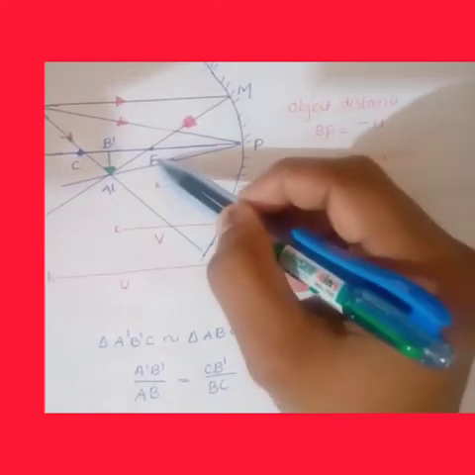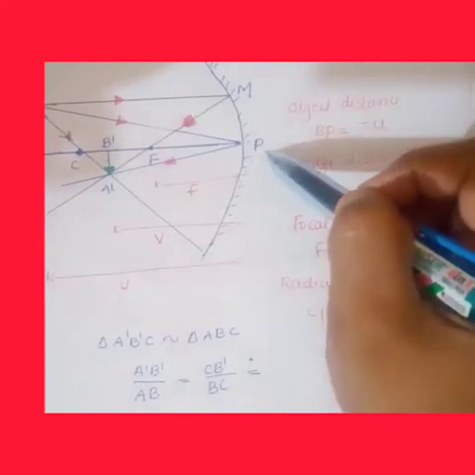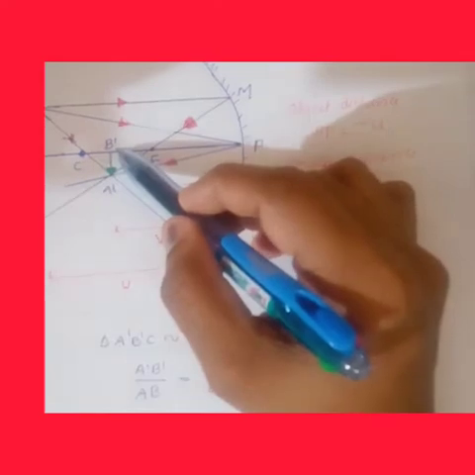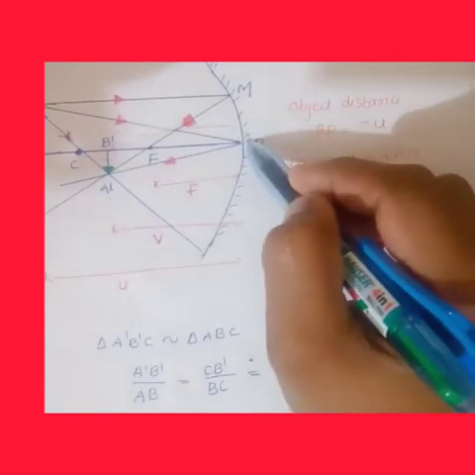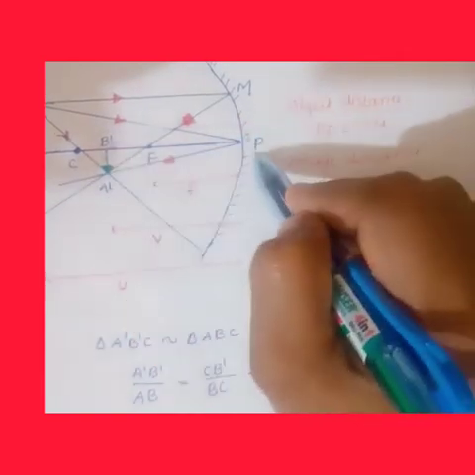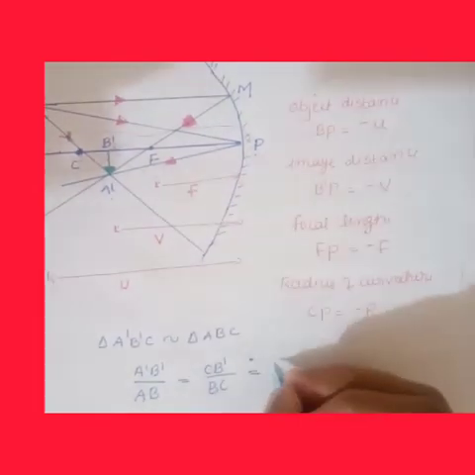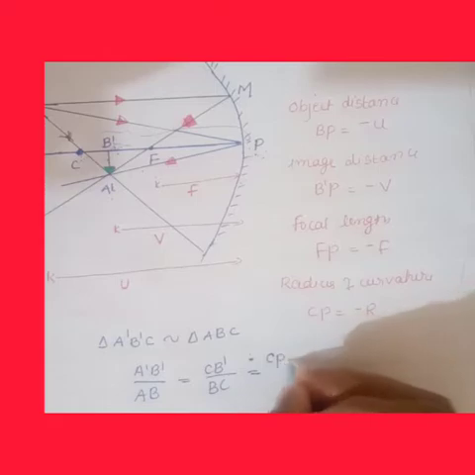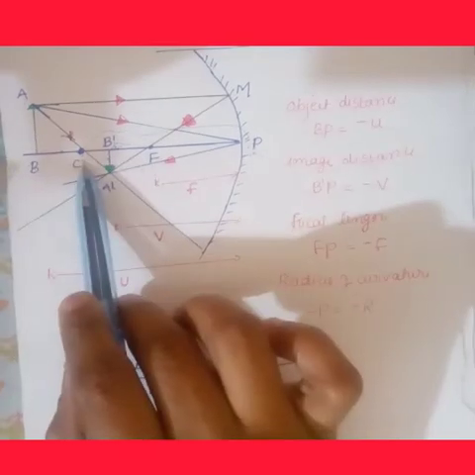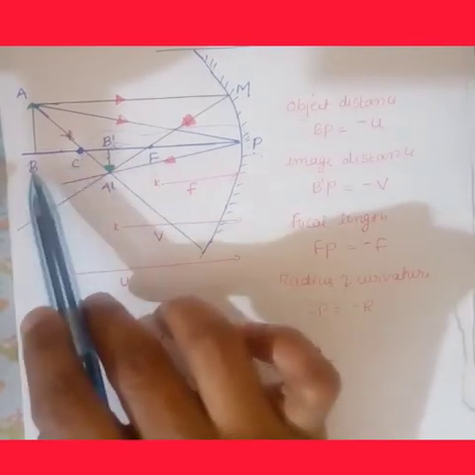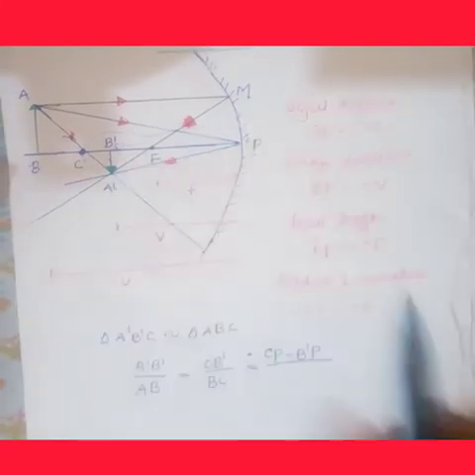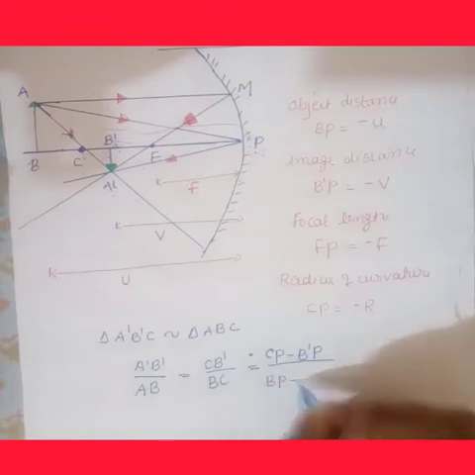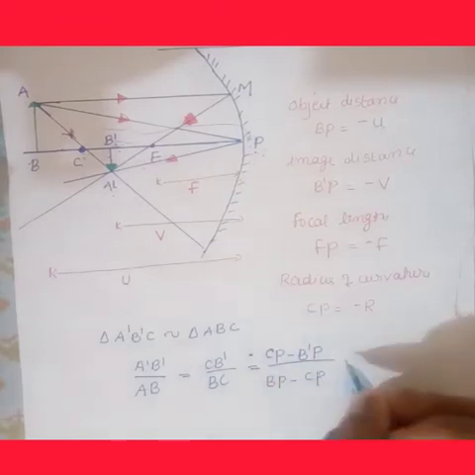CB dash is written as CP minus B dash P. Is it correct? CB dash is equal to CP, this distance, minus B dash P. So CB dash is CP minus B dash P, divided by BC. BC you have to write as BP minus CP.